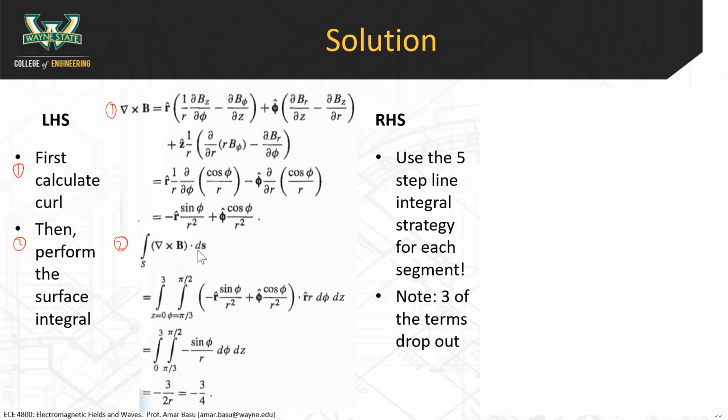Okay? All right, so after you figure out the curl, since this is a vector quantity, now you have to figure out del cross B dot dS. So you're doing a surface integral here. This is your vector field, and then this is your surface integral.